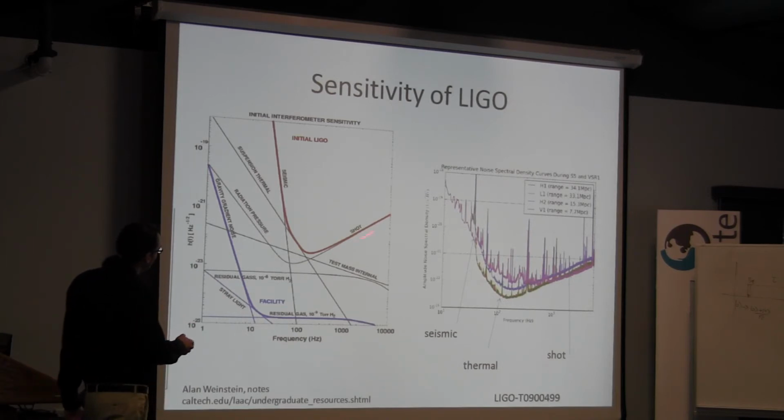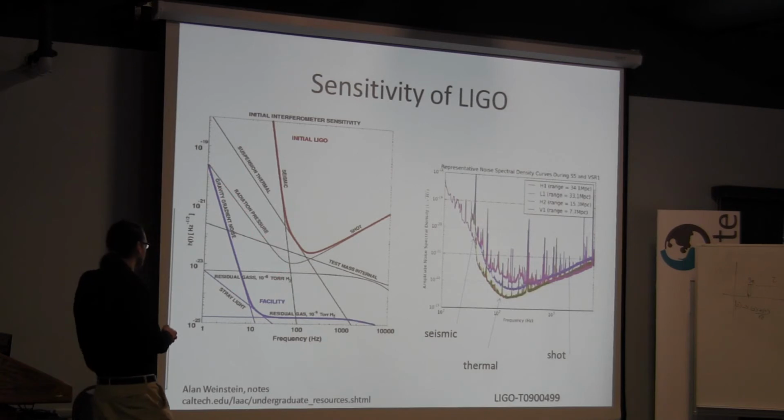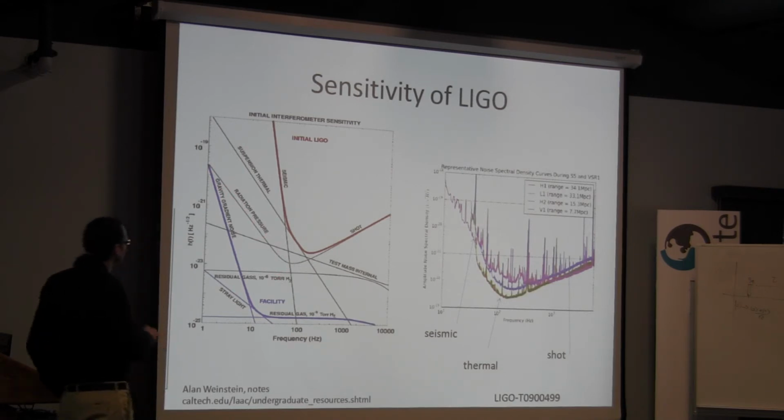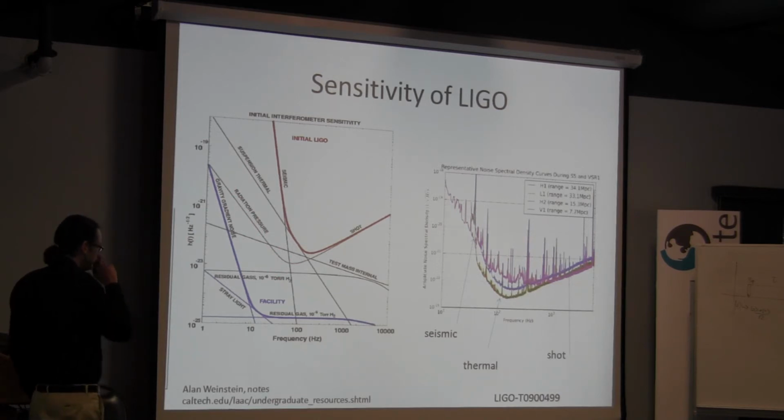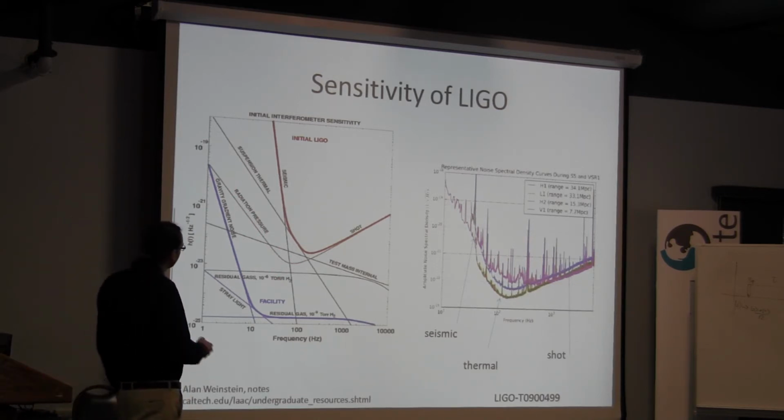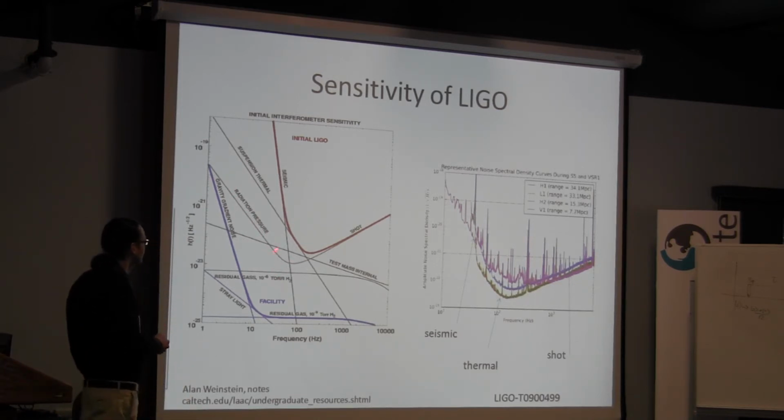At low frequency, radiation pressure noise would actually set some limit in terms of the strain that one could detect. In fact, in the next generation of advanced LIGO detectors, they're expecting to be limited over some frequency band by this radiation pressure effect that people were talking about measuring very recently in the last lectures.